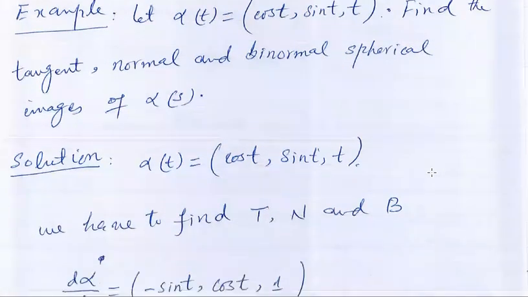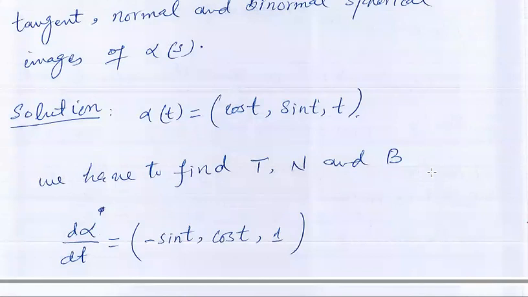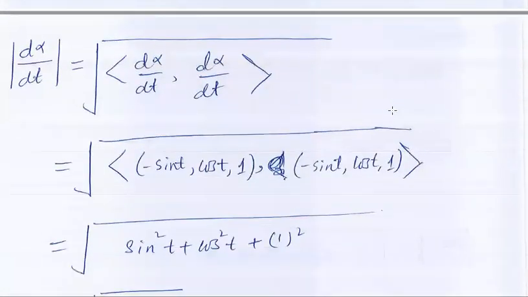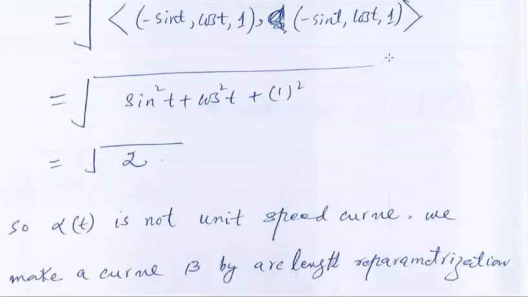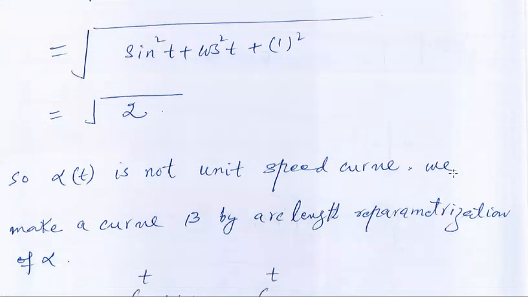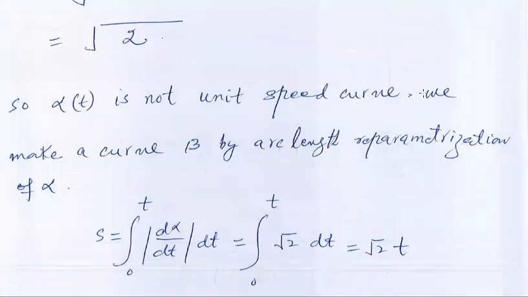Solution: here our curve is not a unit speed curve, because if we take the magnitude of d alpha by dt, its magnitude is under root 2, which is not equal to 1, and hence alpha of t is not a unit speed curve. We can obtain a unit speed curve beta by arc length reparameterization of alpha.